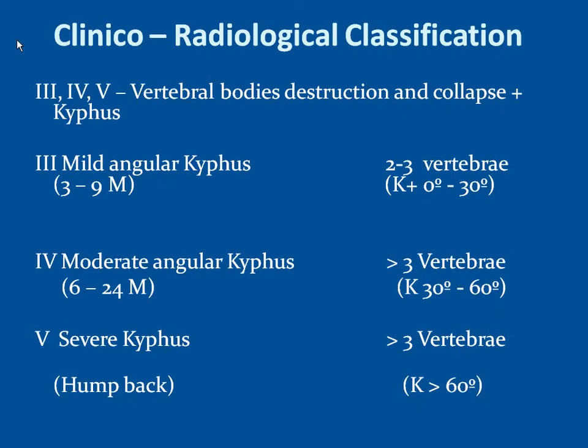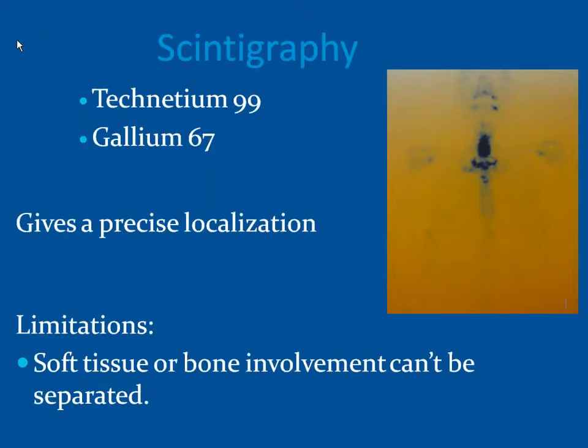Where there is more than 3 vertebral involvement, the kyphus increases roughly up to 60 degree. But whenever there is a big hump, that is, the kyphus is more than 60 degree, normally involving more than 3 to 4 vertebrae. And all this comes, these 3, 4, and 5 are classified into a late stage.